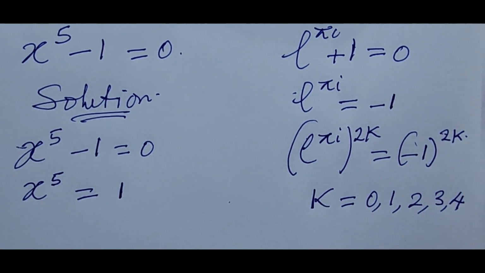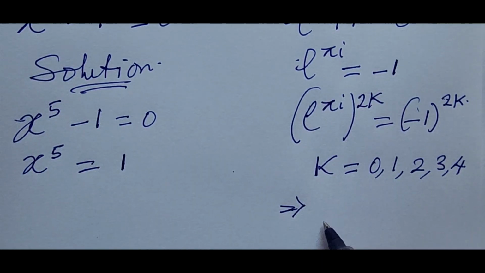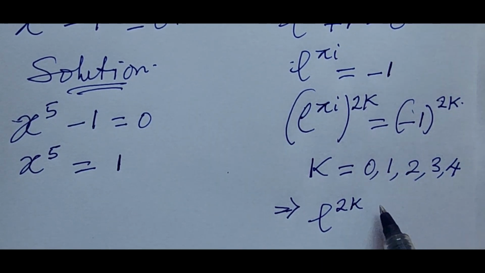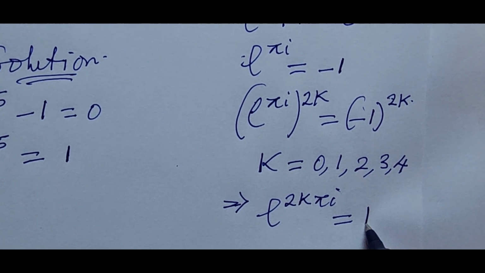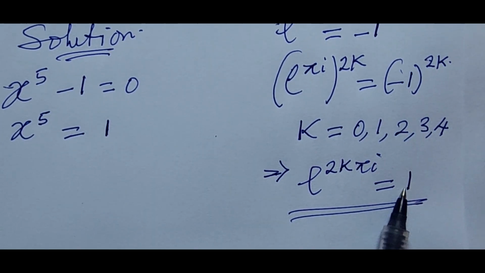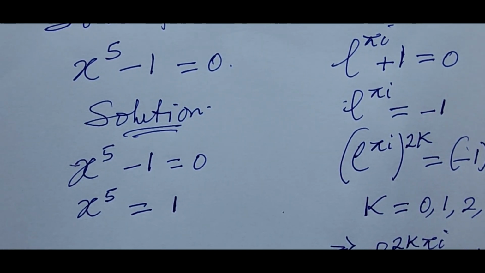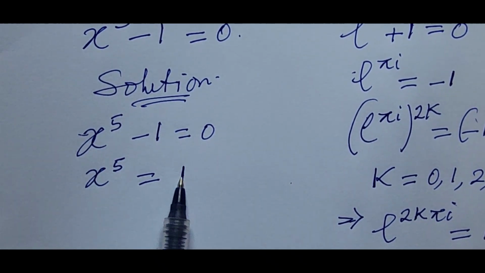So this implies that e all raised to the power of 2k pi i is equal to 1. If you check this carefully, we are now having positive 1 here. So we can go back to our original equation and substitute the whole of this expression in place of this 1 here.